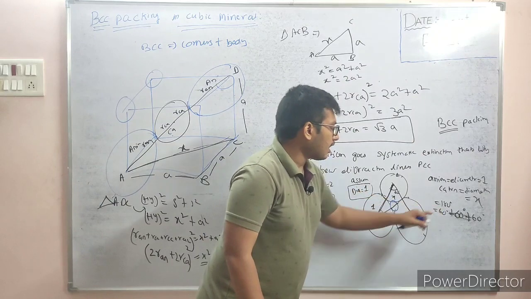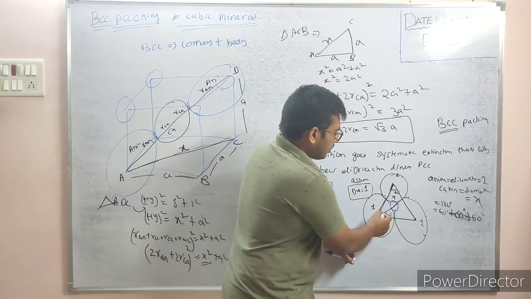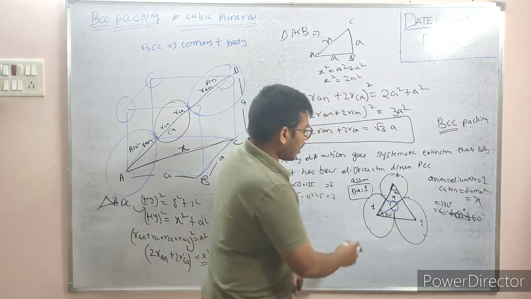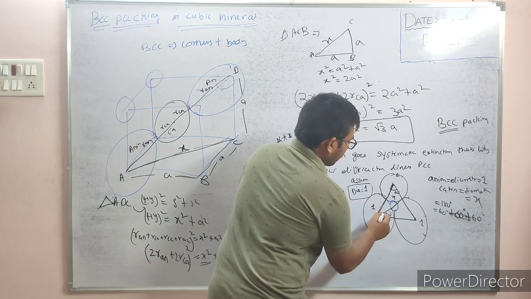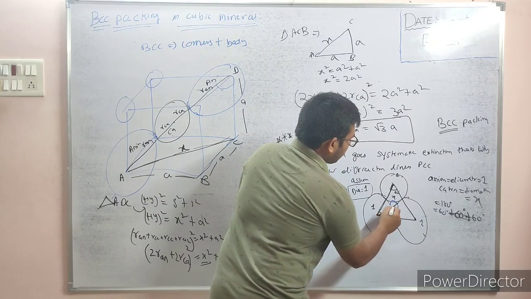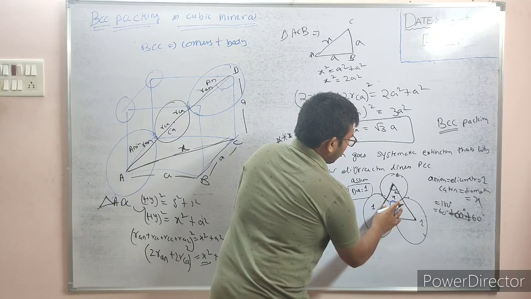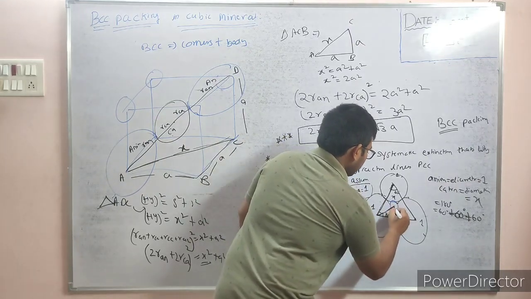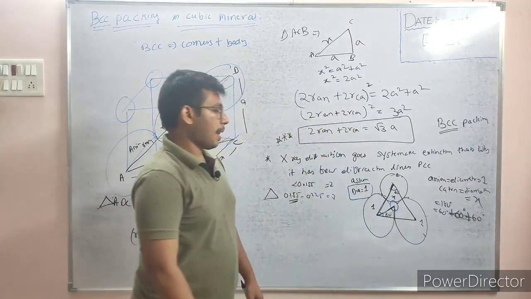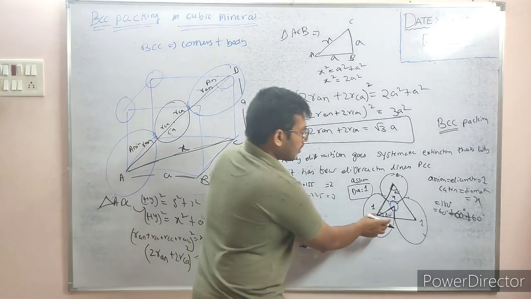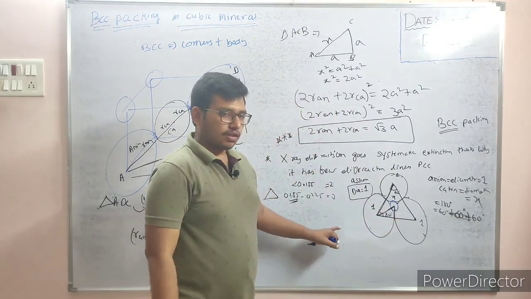We want only half the angle, so just take this small triangle, ठीक है?